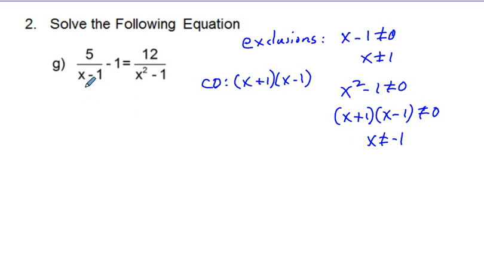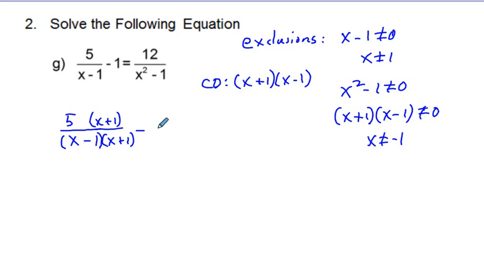We're going to have first 5 over x minus 1. And how do we get this to our common denominator? We're going to have to multiply our denominator by quantity x plus 1. And likewise do that in the numerator. So there's one of them.